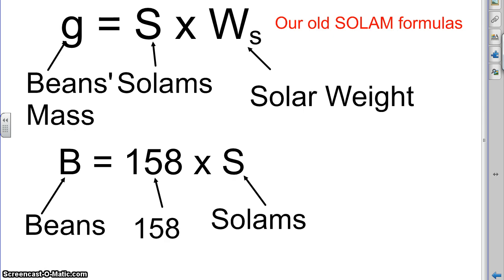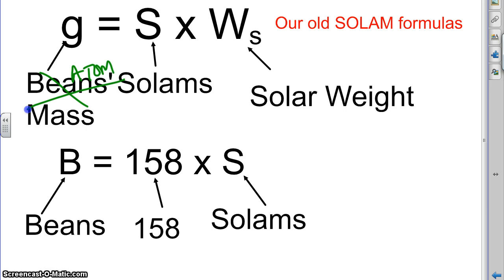So these are our old SOLAM formulas, and we're going to see that the math works exactly the same way for the mole as it did for the SOLAM. All we've got to do is change what we call these things. Grams, do we still measure atoms in grams? Well, yes, we do. So we don't need a new unit there. We just need to start calling it atoms mass instead.